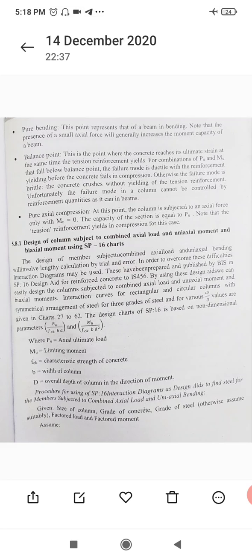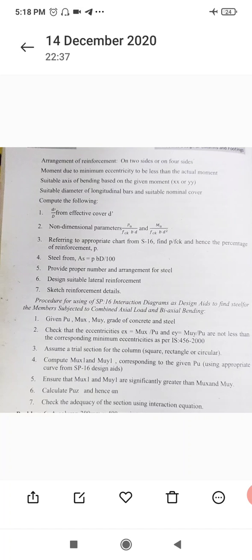The procedure for using the SP16 interaction diagrams, design aids, to find the steel of members subjected to combined axial load and uniaxial bending: given the size of the column, grade of concrete, and grade of steel, otherwise assume them suitably. The factored load and factored moment are given. Arrange the reinforcement on two sides or four sides, which is very important. The moment due to minimum eccentricity should be less than the actual moment.